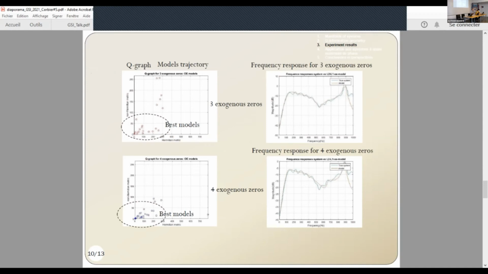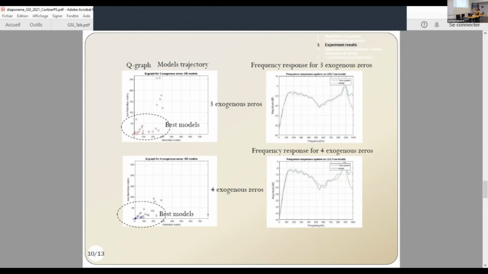show the Q graph named model trajectory, and each point is for one value of Finsler parameter, and you can see that for 3 exogenous zero, exogenous is zero outside the unit disk, the Q graph is here, and you can see in this area the very best model.